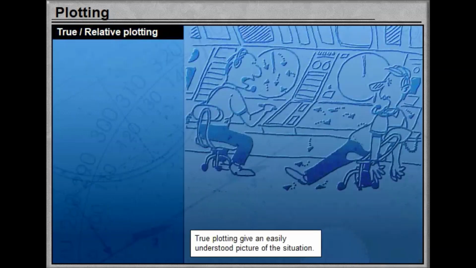True plotting has the advantage that it gives a natural and easily understood picture of the course of events, and if required, true plotting can be done directly on the chart. Although true plotting gives a good overview, calculating accurate CPA and TCPA is a little cumbersome.